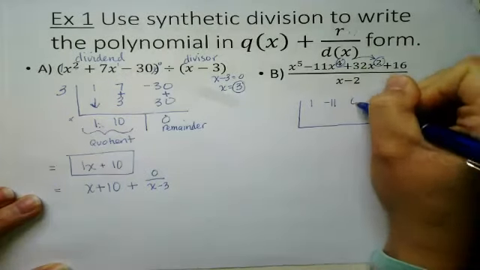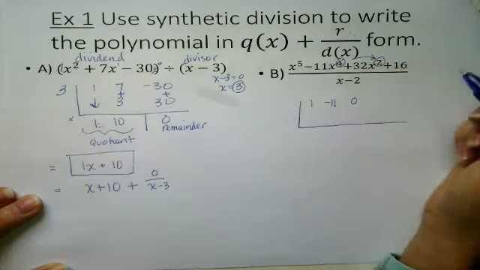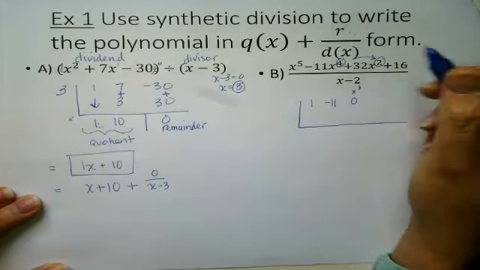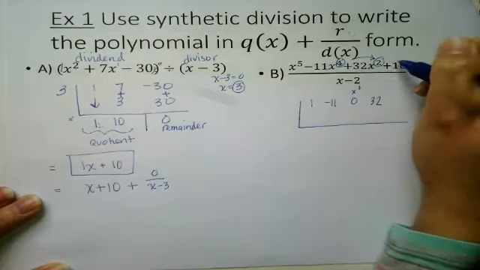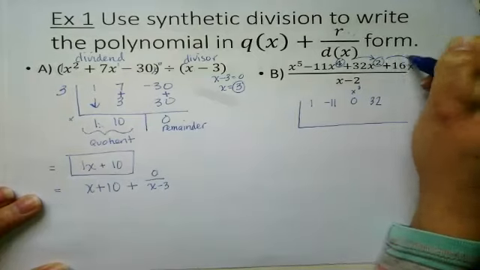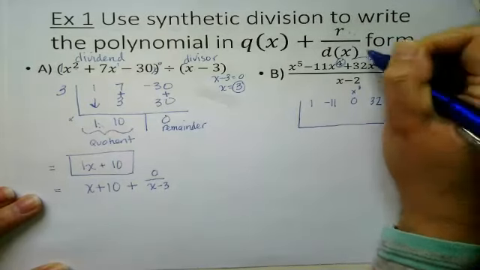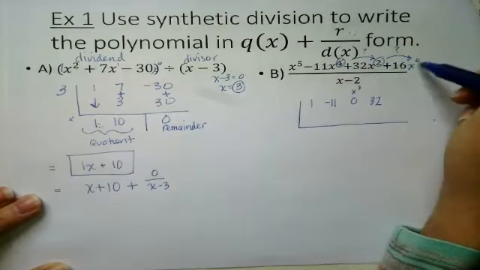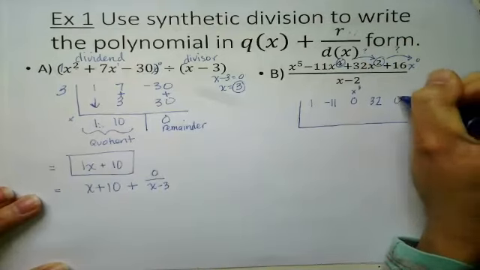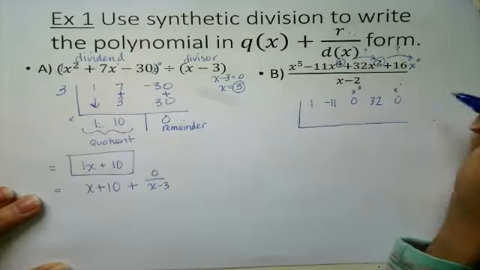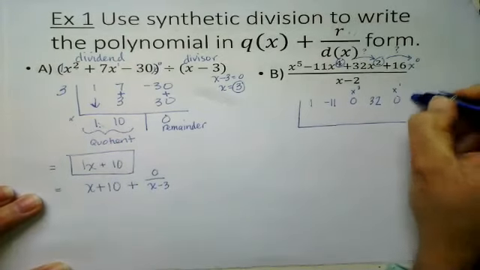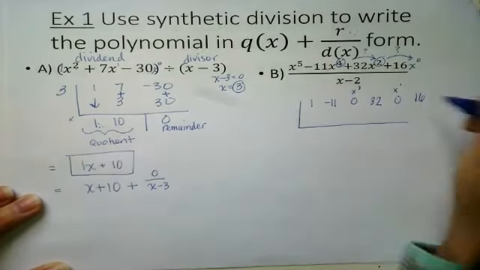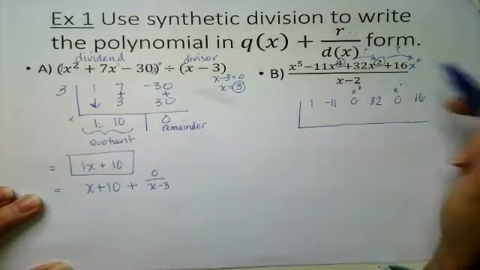So we have 0x cubed because that one was missing. Then we have 32x squared, and whoops, here we are missing another term again. We went from x squared to x to the 0, so we've got a 0x to the first in there as well. So again, fill in any holes, fill in any missing terms, and then we have 16 for our final constant term.